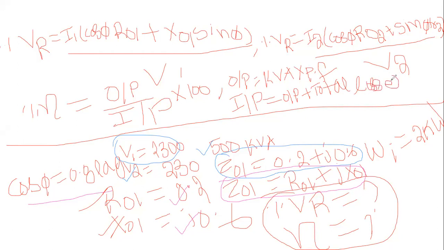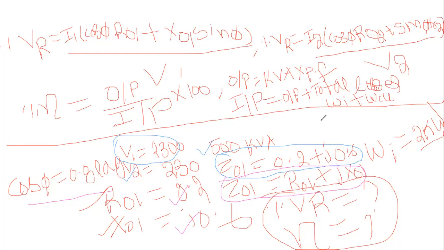What are the total losses? Total losses are iron losses plus copper losses. In this question, we are given only the iron losses; the copper losses are not given.